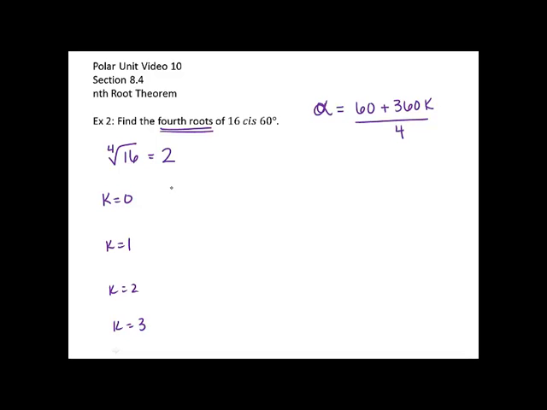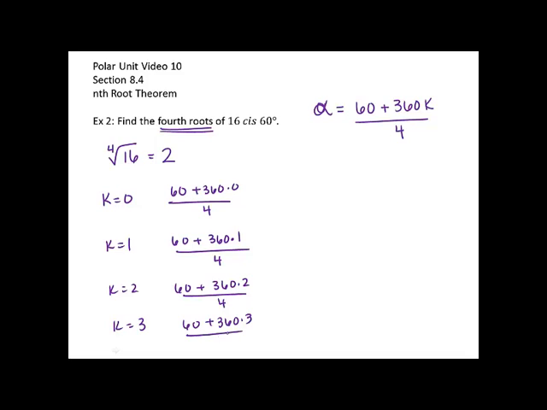So let's try it. 60 plus 360 times 0 divided by 4. 60 plus 360 times 1 divided by 4. 60 plus 360 times 2 divided by 4. And 60 plus 360 times 3 divided by 4. These will give me my 4 angle values.